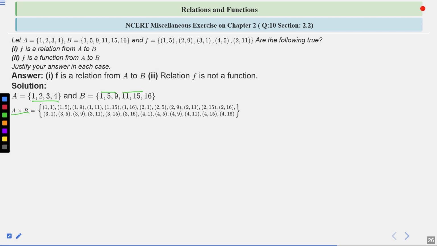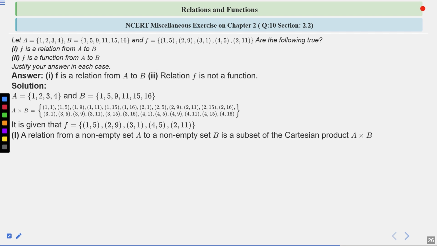Now, in order to be a relation, you must have a subset of this A cross B. So if F is a relation, then F must be a subset of A cross B. What we are given is F in roster form. First, a relation from a non-empty set A to a non-empty set B is a subset of the Cartesian product A cross B.